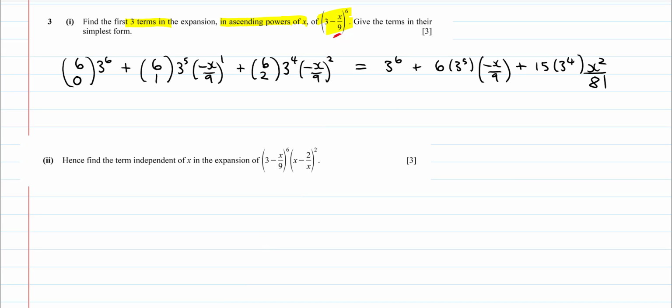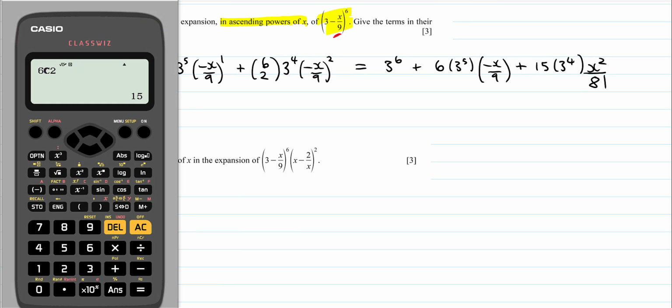So now we'll bring our calculator back up and simplify all this. 3 to the power of 6 is just 729. And the second term, we've got that negative x over 9 there, so we're going to get minus.